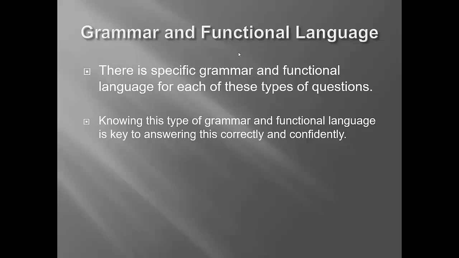So we've already talked about having an advantage over the examiner. So you know what the examiner wants you to do. So if they say, do you prefer ebooks or paper books? You know that they're seeing if you can use a comparison. So you might not have used comparisons yet in the test, or you might have made a slight mistake with a comparison in part 1 or something, or part 2, and they want to just test this out to see if you are capable of using it.